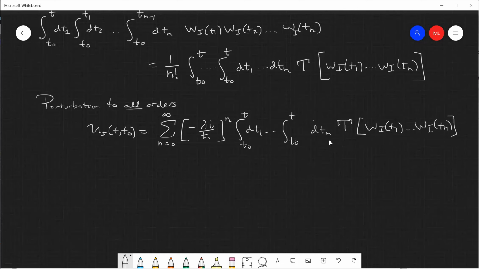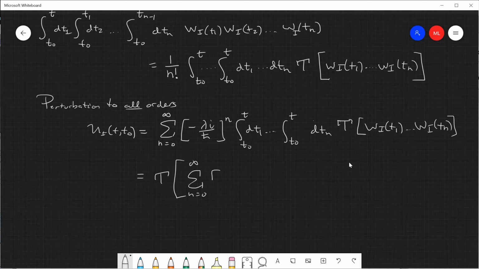Integrations are just sums, right? So we're allowed to exchange the time ordering with the integrations. Nothing really preventing us from doing that. And moreover, because the integrals are no longer dependent on each other, each integral would just go with its corresponding w. So I can pull out the time ordering just out here because everything else is just a sum.